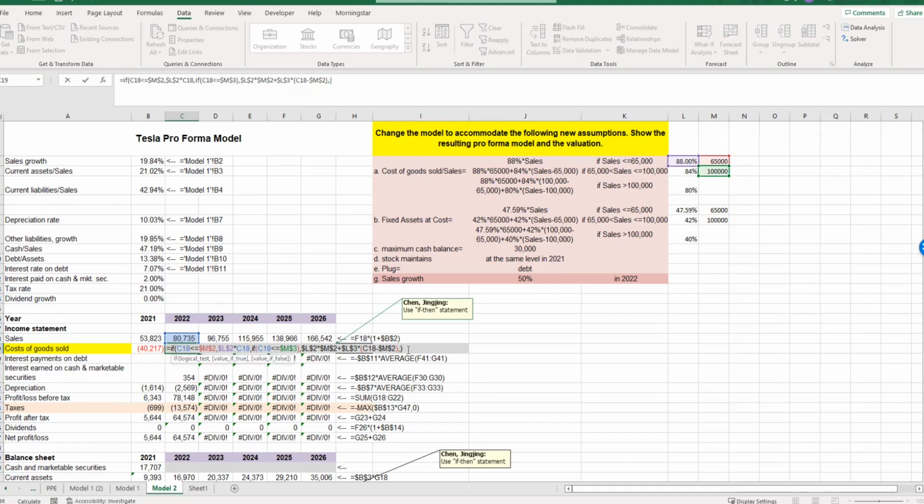Not yet. Here, if this is false, so inside this if statement, if this one is true, then execute here. If it's false, then sales equals to here, 88 times 65 plus 84 times here minus 65.